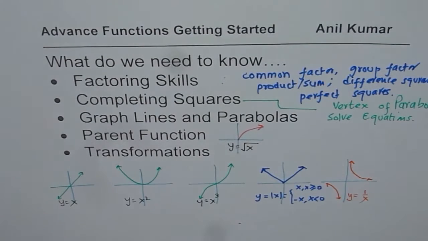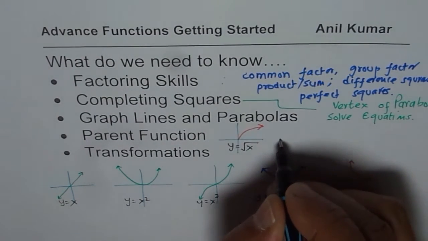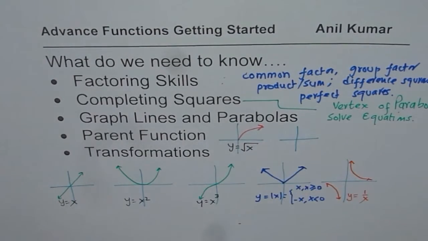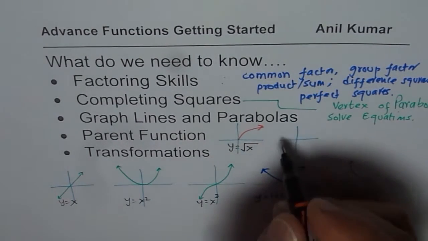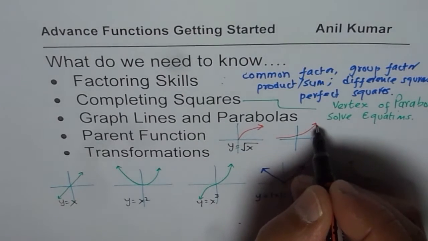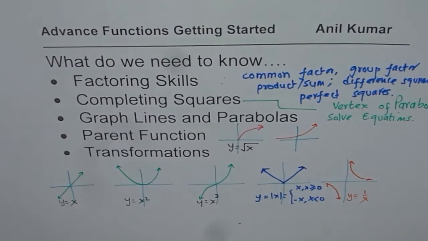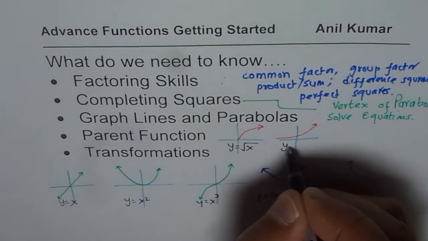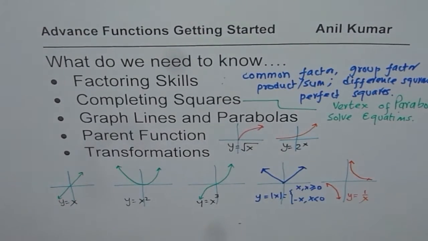So that is the square root function. And you have also done exponential functions. So let me sketch those exponential functions also for you. This is the kind of function that is always increasing. You can say 2 to the power of x, for example. So let me write down y equals 2 to the power of x. So that becomes your exponential function.